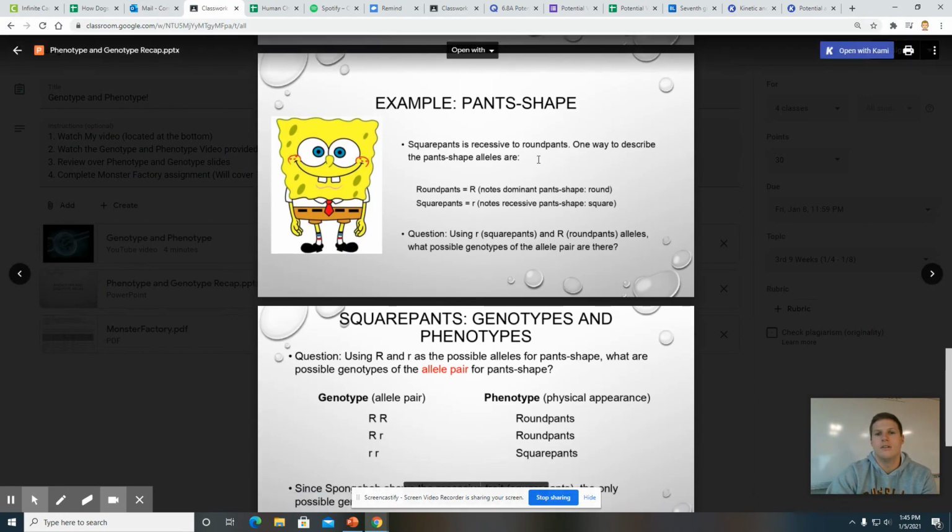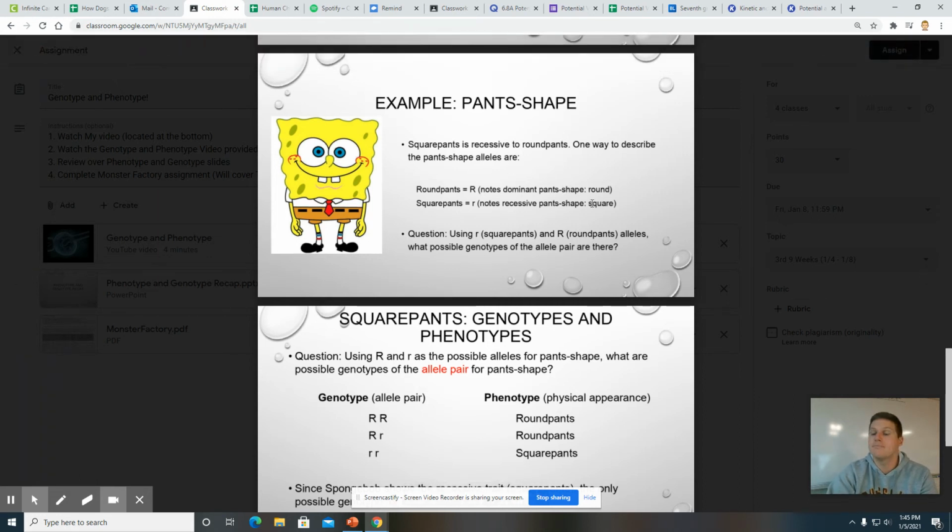All right, now, another example is square pants. Square pants is recessive. One way to describe this pant shape allele is capital R for round pants, which is dominant, and lowercase r for square pants. It's better to use the same letter. Even if it's square pants, it's good to use whatever the dominant allele is. We need to use the capital and lowercase form of that letter so we don't get confused.